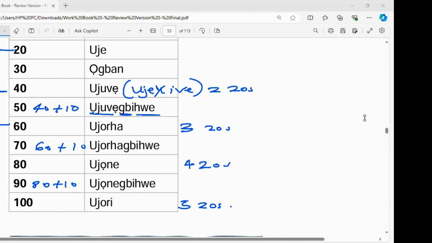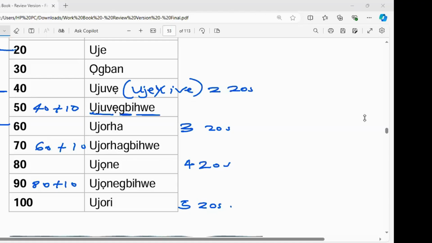Ujora Besam. Ujora Bigre. Ujora Berere. Ujora Bikwe. Yes, Ujora Gbikwe, which is 70. So go ahead.